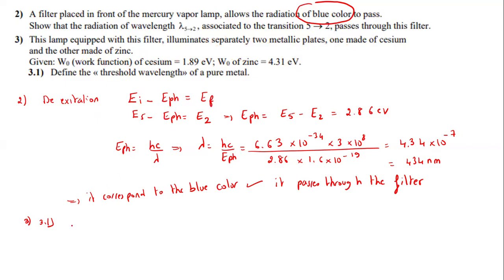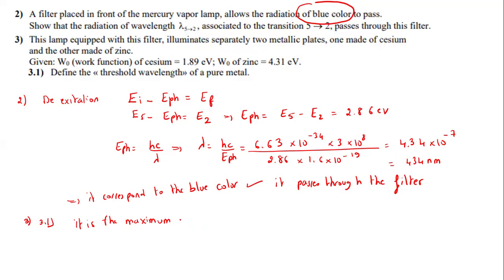If we have to put the definition, it is the maximum. Whereas if we were asked about the energy, we would say it's the minimum energy needed. So they are inversely proportional, if we want to talk about the work function.